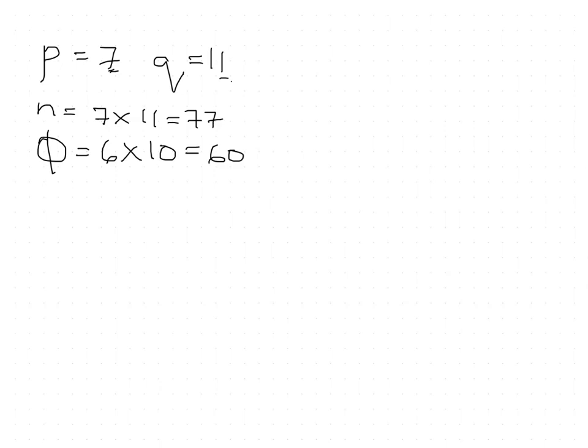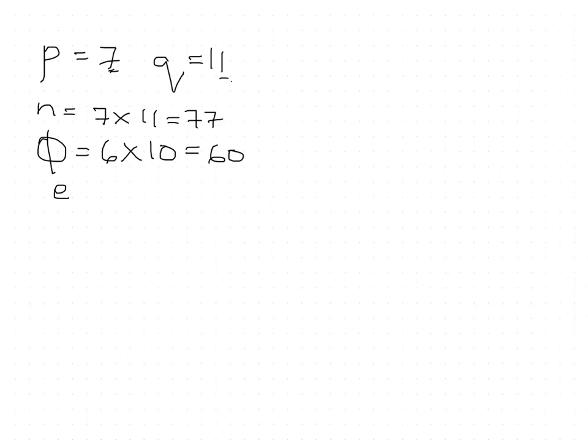So we'll have phi equal to 60. Okay. Now next we need to choose an integer e, and we had two constraints: e has to be greater than 1 and lesser than phi, right? So that is simple.